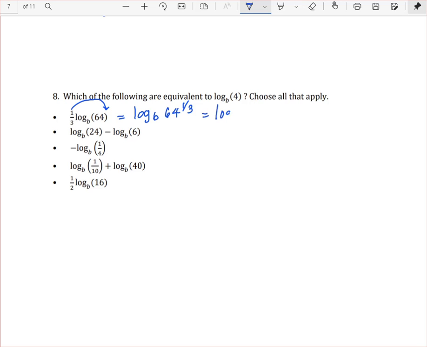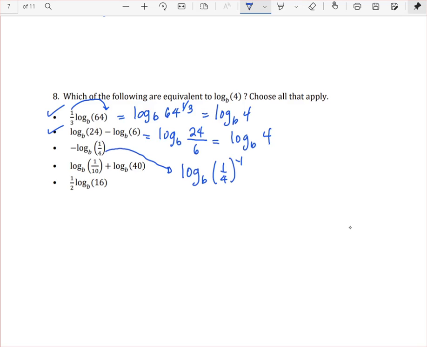So this would be log b 4. So this one works. Here, this is a subtraction, so it would go as a division, 24 over 6, which is 4. That one also works. This one, the negative comes to the front as a power. And what it does to the fraction is flip it. So it becomes that. So that one also works.